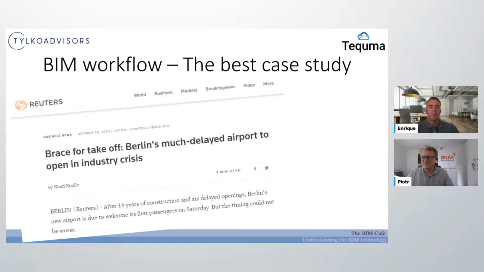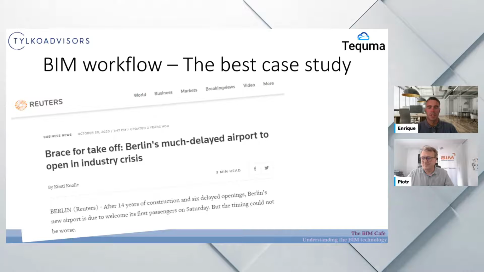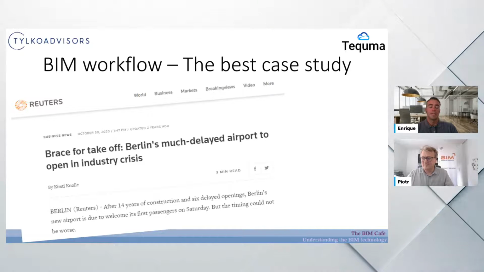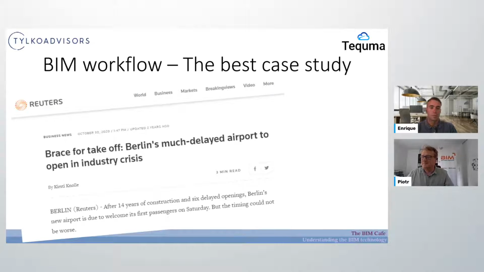This project is really important. Apart from how badly it was executed, it is an example of how we don't need to do things. And in Germany specifically, where this project was executed, it's been a real milestone for government and construction companies to say, guys, we cannot let this happen again. This is a shame for everyone.